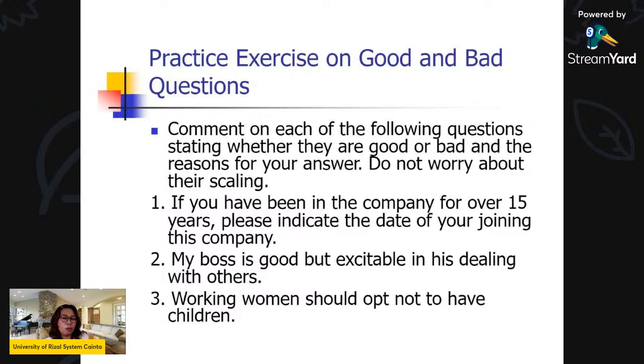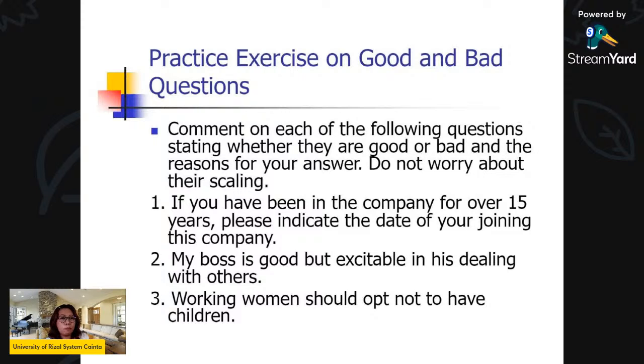It can be informed, but it will not reflect naman po para doon. If you have been in a company for over 15 years, please indicate the date of your joining this company. Okay? Hindi siya matatawag na good or bad. Okay? At hindi natin siya kailangan i-identify in a particular scaling. Hindi naman siya kasama doon.